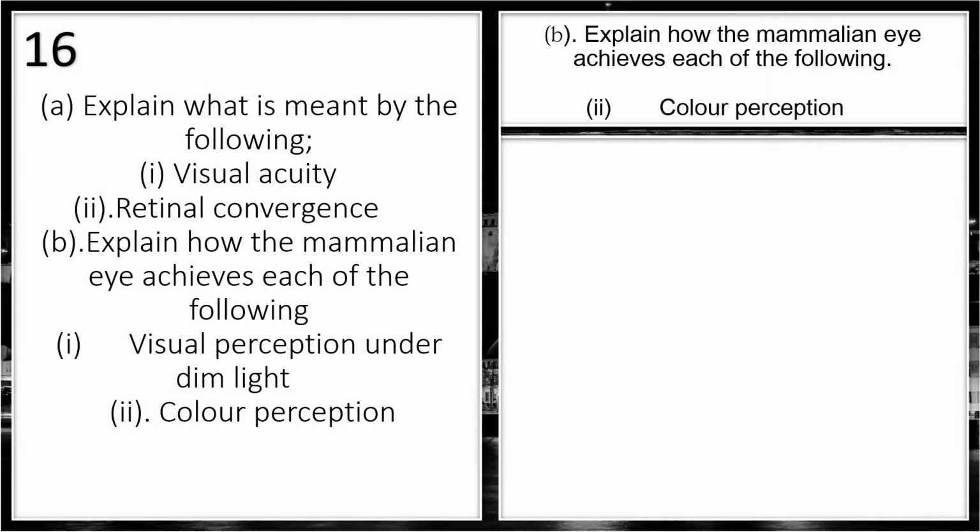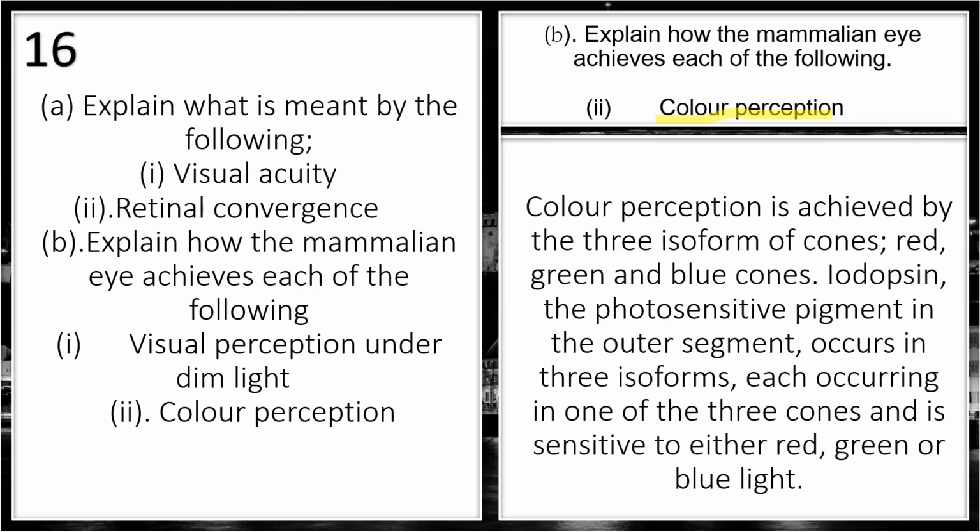Let's now look at color perception. Color perception is achieved by the 3 isoforms of cones. There are the red, the green, and the blue cones.